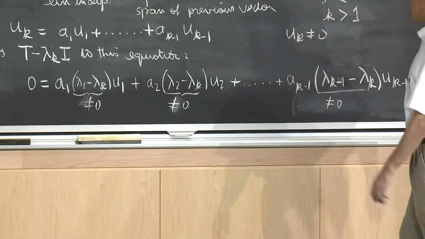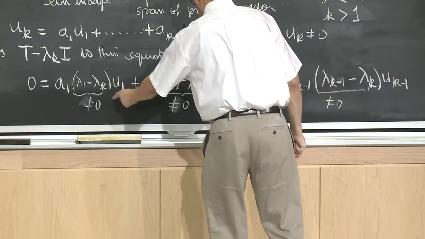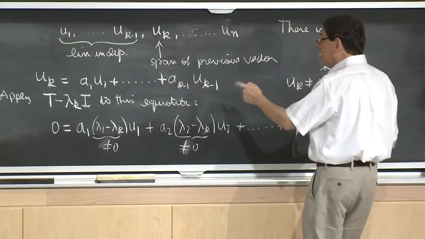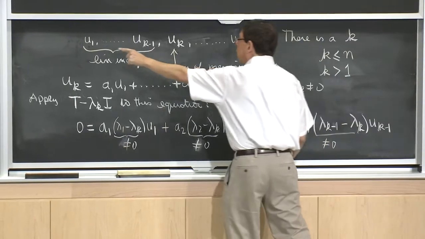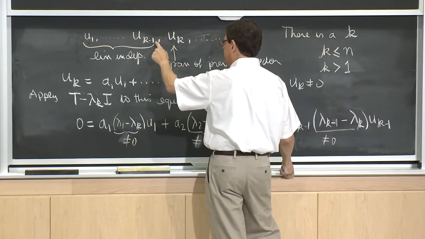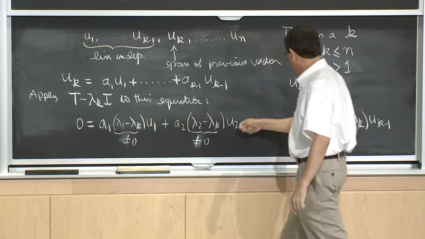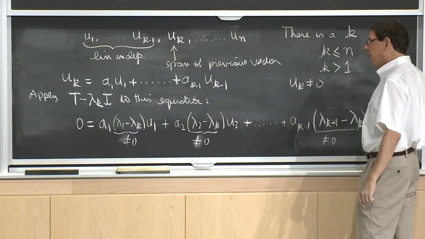And now these vectors from u1 up to u(k minus 1) are linearly independent.